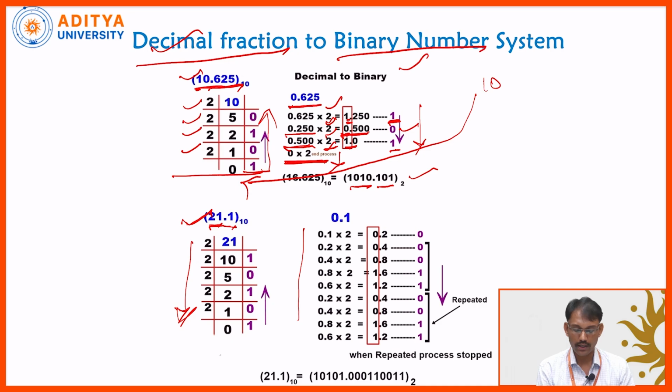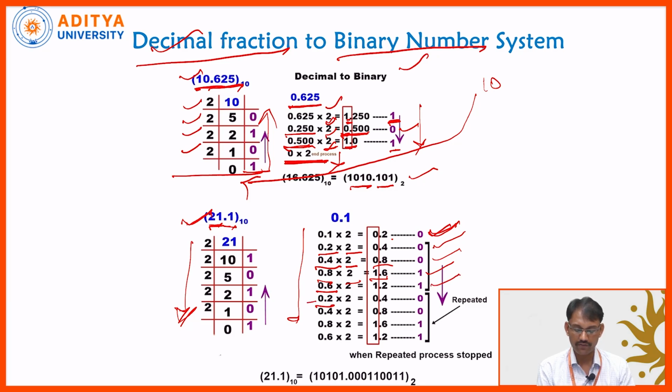Now we have to multiply 0.1 by 2, which gives 0.2, so 0 is the result. Then 0.2 times 2 is 0.4, so 0 again. 0.4 times 2 is 0.8, 0 again. 0.8 times 2 is 1.6, so we remove the 1 and 0.6 remains. 0.6 times 2 is 1.2, so 1 is removed again, leaving 0.2.